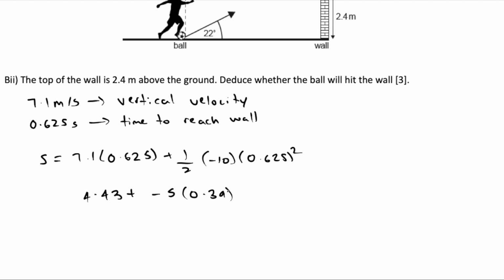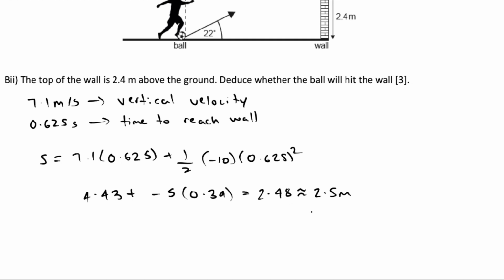So when we equate this, we actually get 4.43 minus 1.95, which gives us an answer of 2.48, or roughly 2.5 meters.